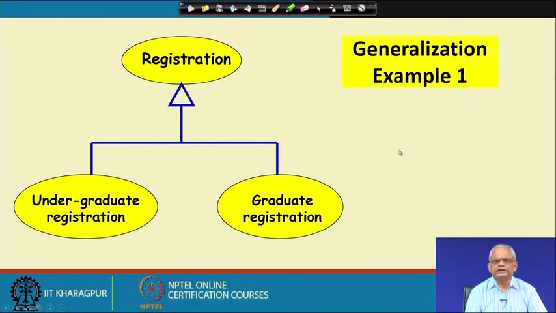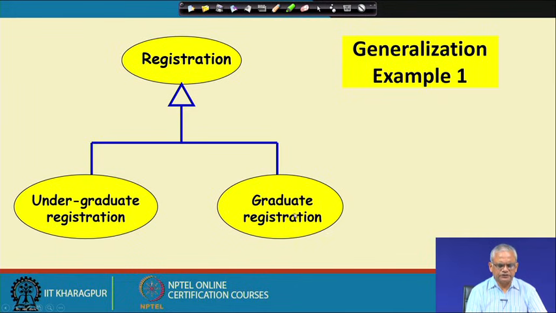One example of generalization, let us say a student registration system. Before the semester starts, the students need to register, and we have 2 types of use cases available. One is called undergraduate registration and the other graduate registration.